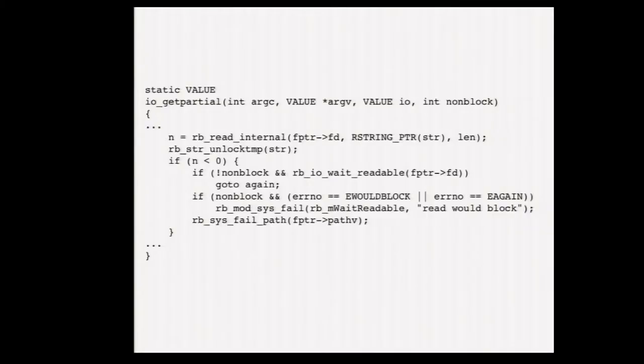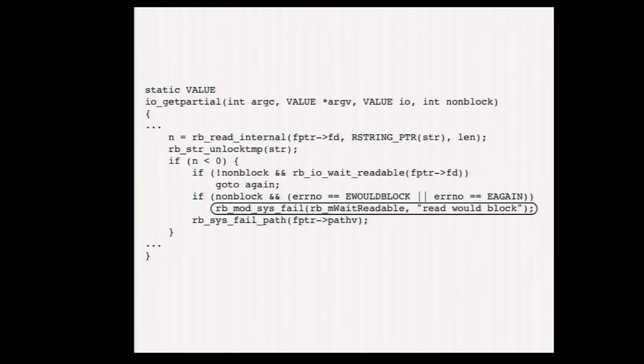This is the implementation of io_getpartial, which is used for non-blocking reads. And if you look down towards the bottom here, if we get an EWOULDBLOCK or an EAGAIN, basically the data is not ready on the stream, it does this mod_sys_fail that the read would block. It's going to basically raise an exception, an errno that would indicate to the program that it's going to block, you need to loop again, try again later, something like that.